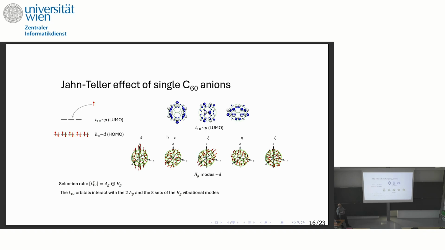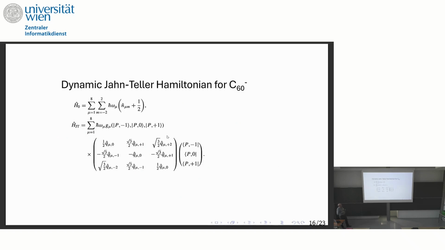So this is how these orbitals look, and these are the modes. And this is the vibronic Hamiltonian. So you have the interaction of these three. They are isomorphic to the atomic pi orbitals, these three T1u, so you can describe them by these indices. And we have 8 of these modes.